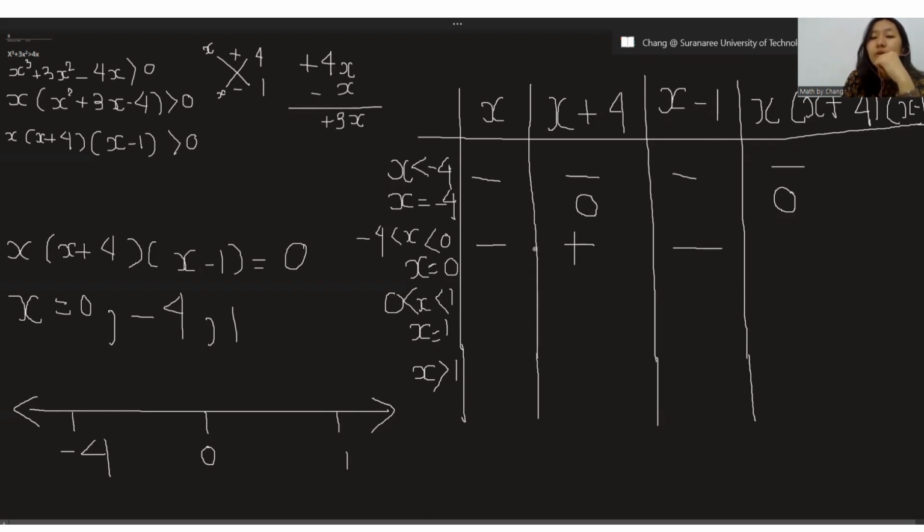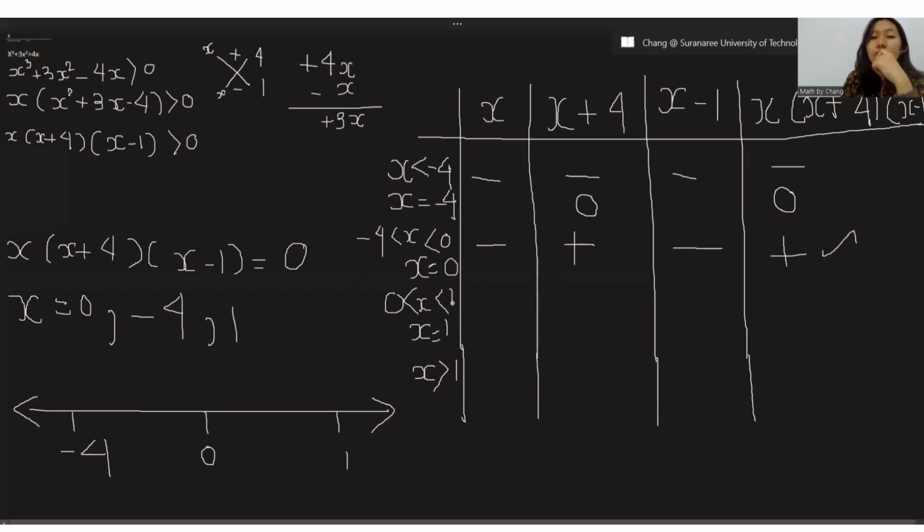So when you multiply minus and plus, you get minus, and when you multiply minus and minus, you get plus. So I think you need to consider this interval, because its value is positive, right? When x is between -4 and 0, you get a positive value. So you need to consider this interval.